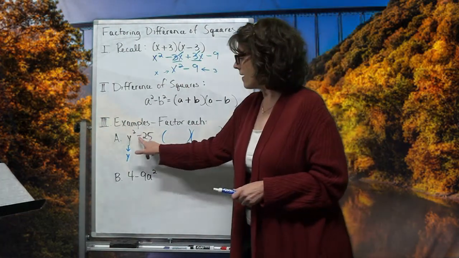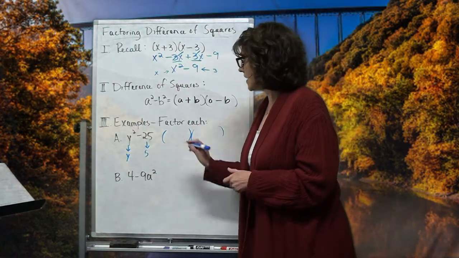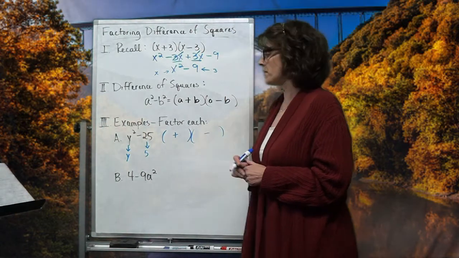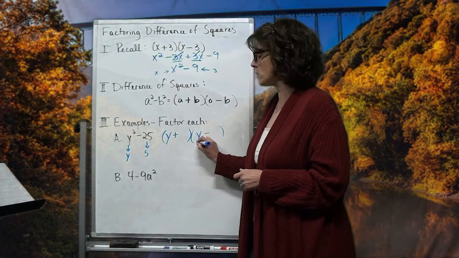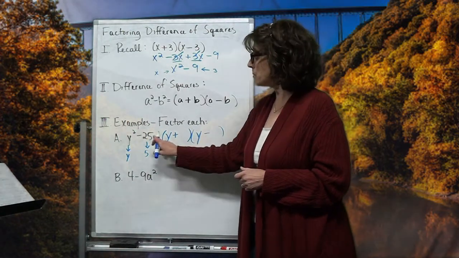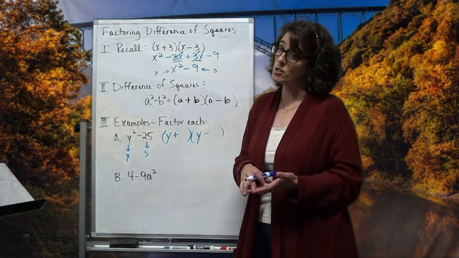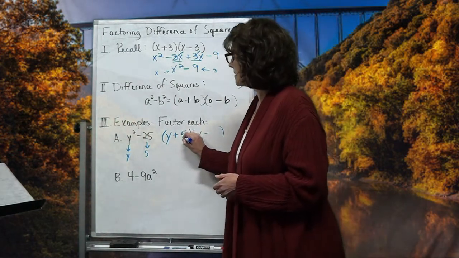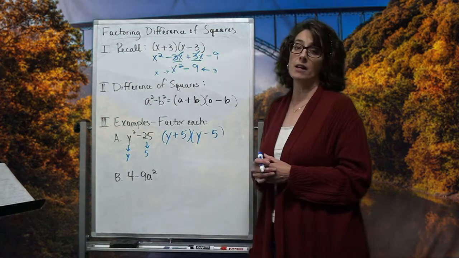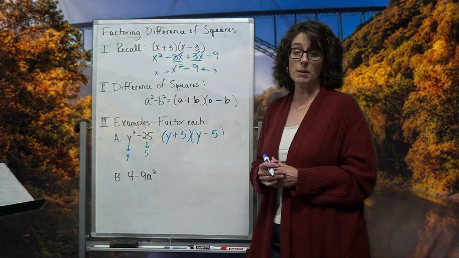Or I can say this back sign's a minus, and that tells me my signs are going to be different. I'm going to split this into the front 2 slots, and the only way to split up a y squared is a y and a y. I'm going to split this into the back 2 slots. I could split it as a 25 and a 1 or a 5 and a 5, but 9 times out of 10, if it will split evenly like this, that's how it's going to split.